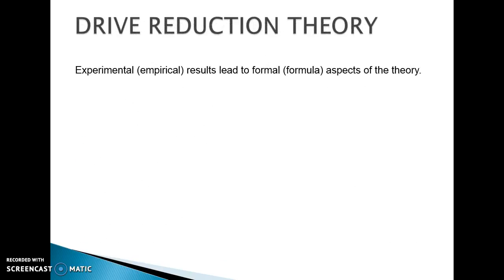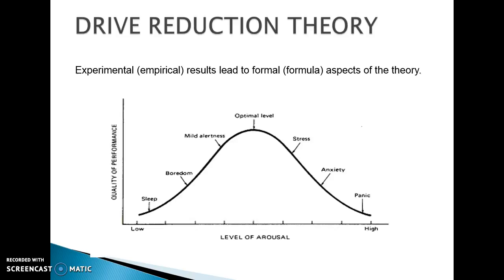So look at what the theory says. Experimental results lead to formal aspects of the theory, right? So look at this graph here. We would see the level of arousal and quality of performance. So you increase the drive, increase learning, but there's an optimum level, however, you would see here.